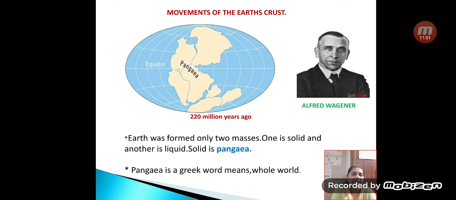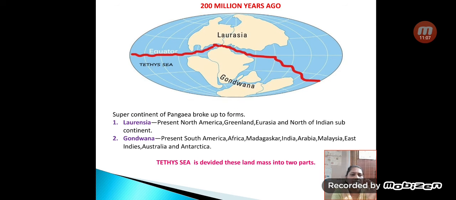In the second map, some vibrations and internal disturbances took place in the interior part of the earth. The crust was divided into two parts.